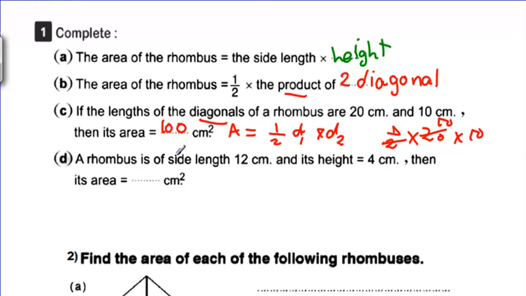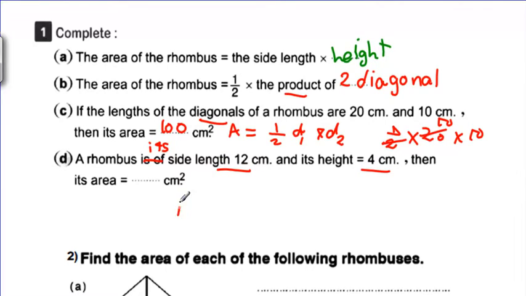A rhombus has side length 12 centimeter and its height 4 centimeter. Then its area equals what? He gave me the side length and he gave me the height.